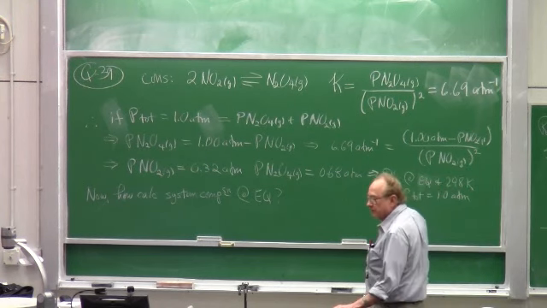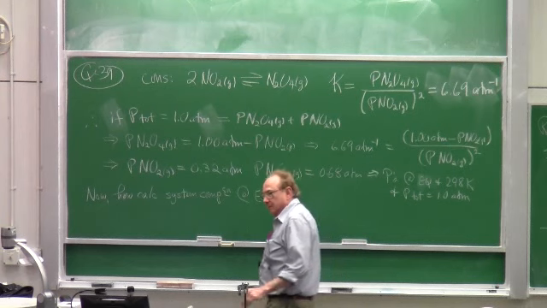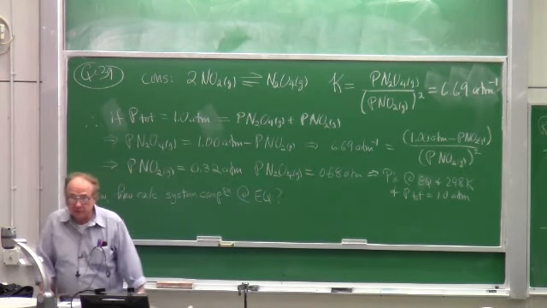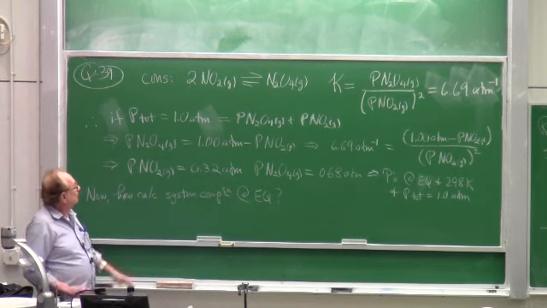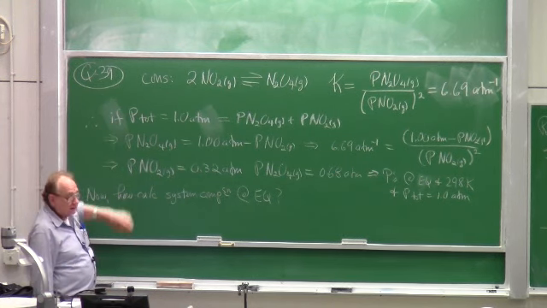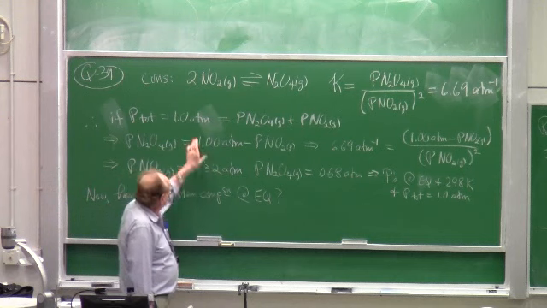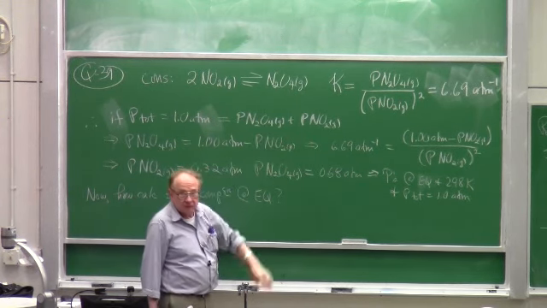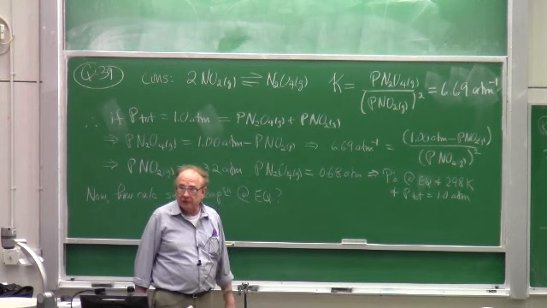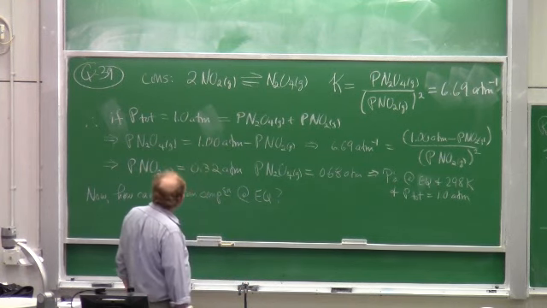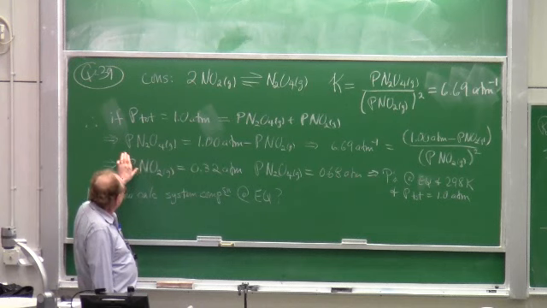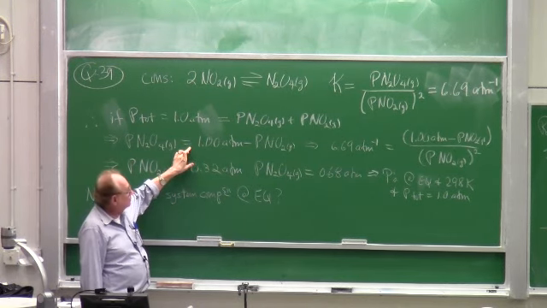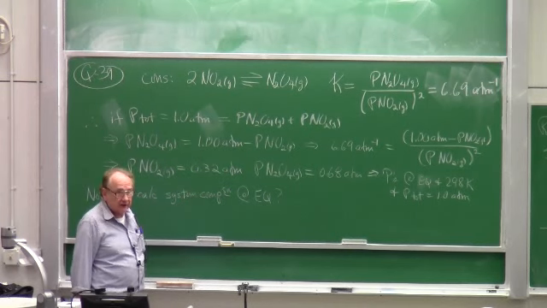Well, this is a two-component system, simplest possible mixture. Total pressure is 1.0 atmospheres. So the total pressure must be equal to the sum of the partial pressures for N2O4 gas and NO2 gas at equilibrium, because they're the only two component gases of this system. So we can write that the partial pressure of one of the components is equal to 1.00 atmospheres of total pressure less the partial pressure of the other component.